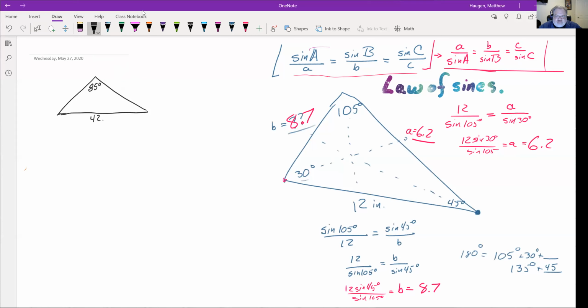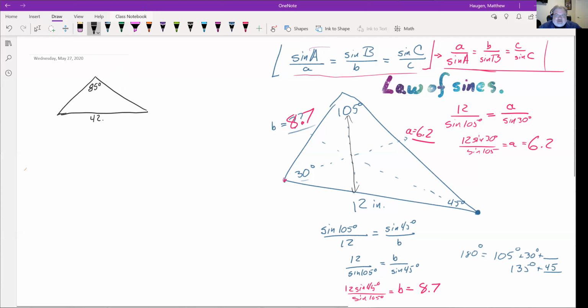We've got to have an opposite pair, like here, we started with this 105 and the 12. We have to have one of those ratios. Because what this law of sines tool tells us is that that opposite pair ratio is going to be equal throughout the triangle. So we have to have at least one opposite pair to establish that ratio. And then we know it's going to be equal for everything else.